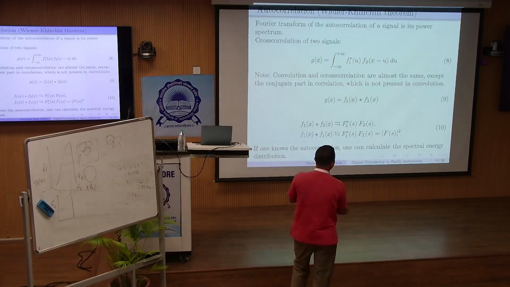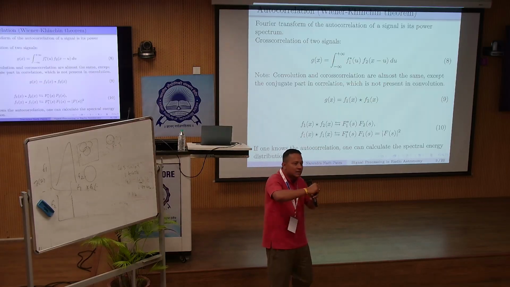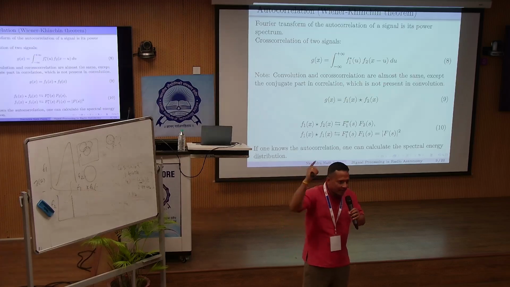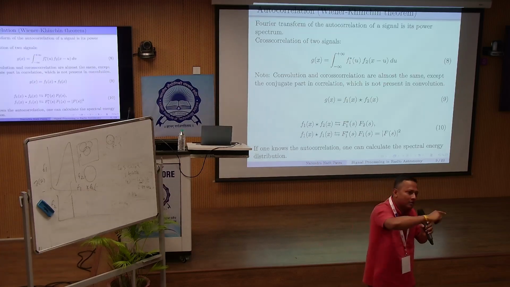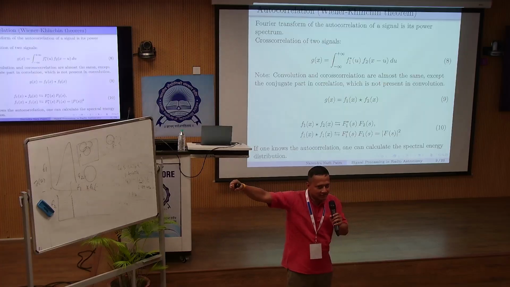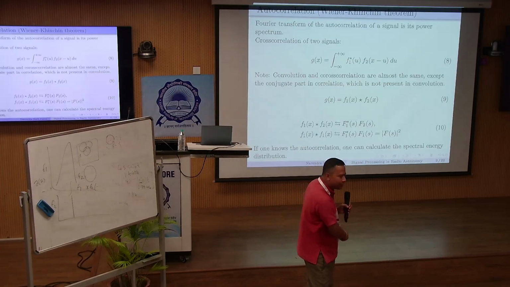Now let us look. This f is also a function. What is this function? This is basically the wave train which is coming. If it is a single sinusoid, you would expect something like this. Then if you do a Fourier transform, this is also a function.